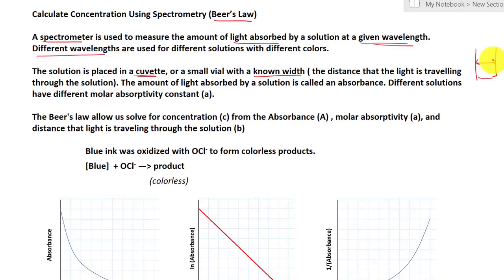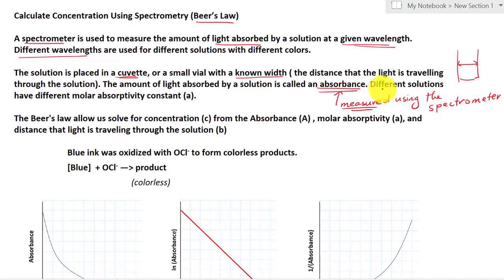That specific length or width is known to us, because we're going to use that in the Beer law. The amount of light absorbed by a solution is called absorbance. This is something that the spectrometer will show us, so we will measure absorbance.